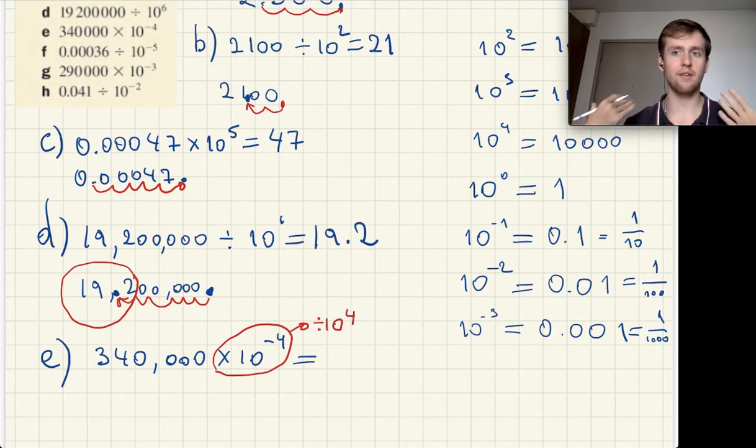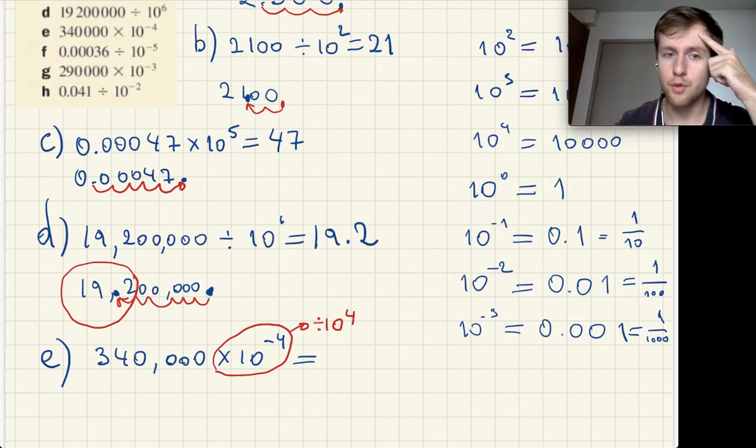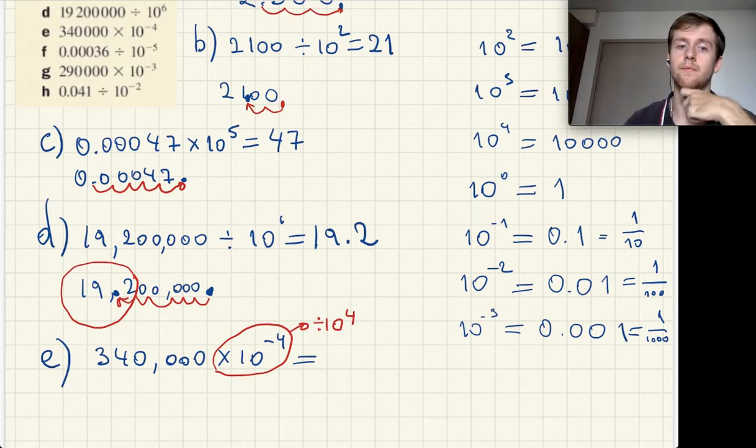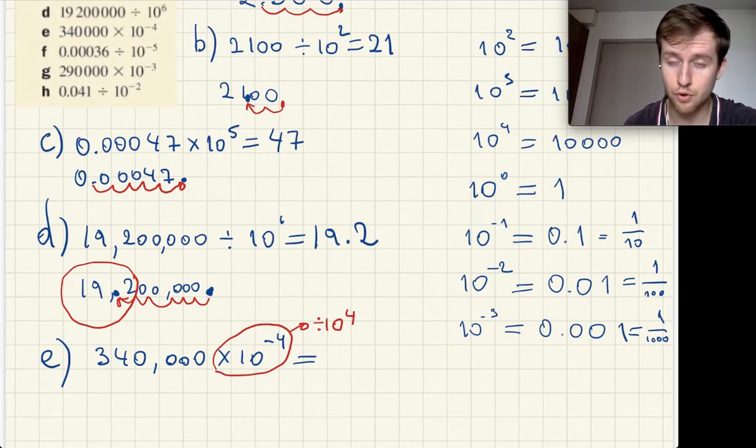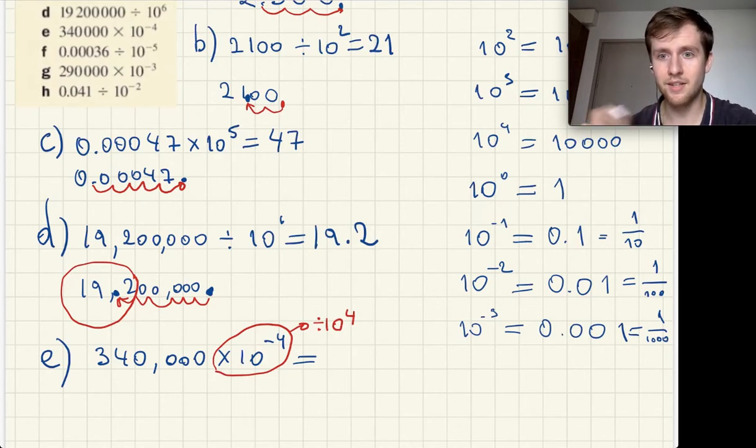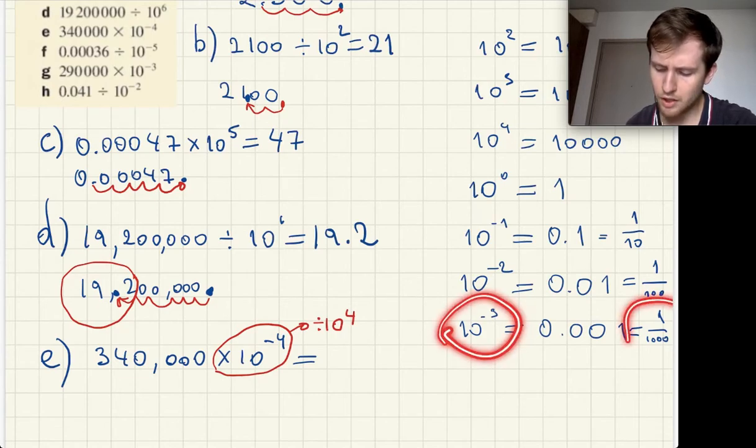If you want to get rid of negative power, you have to change the multiplication sign to the division sign. It's a bit of a tricky concept, but you see, negative power gives you a really small number.